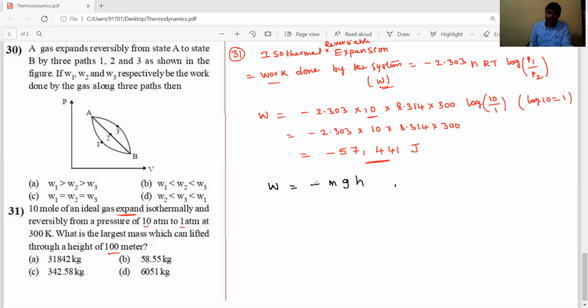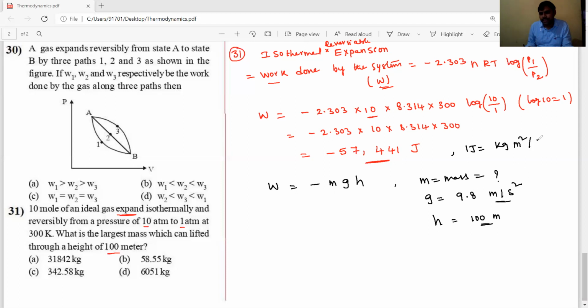M is the mass, which we have to find out, and g is the gravitational acceleration, 9.8 meter per second square, and height is 100 meters. It is already in joules; we know that 1 joule is equal to kg meter square per second square.